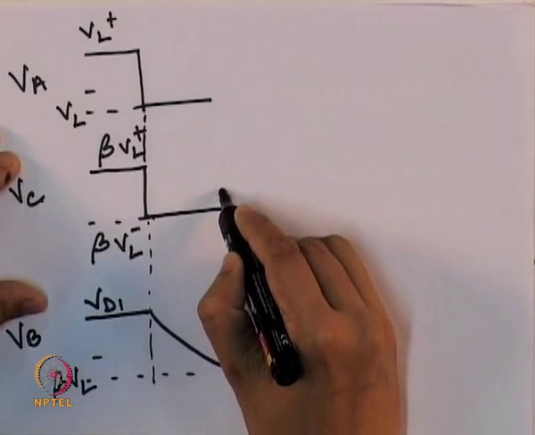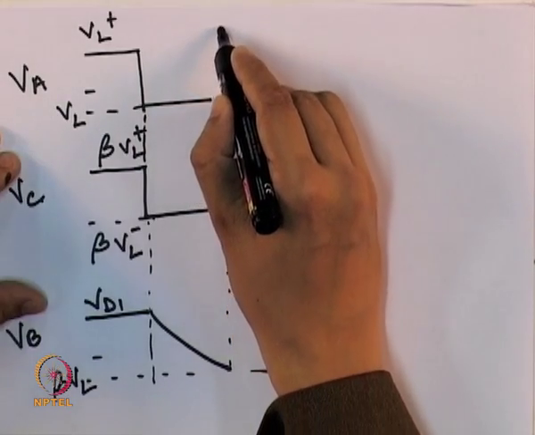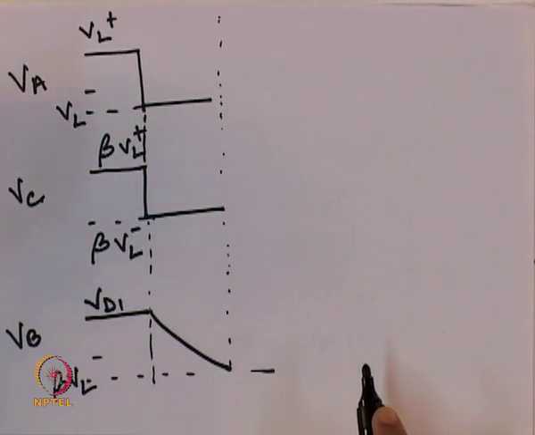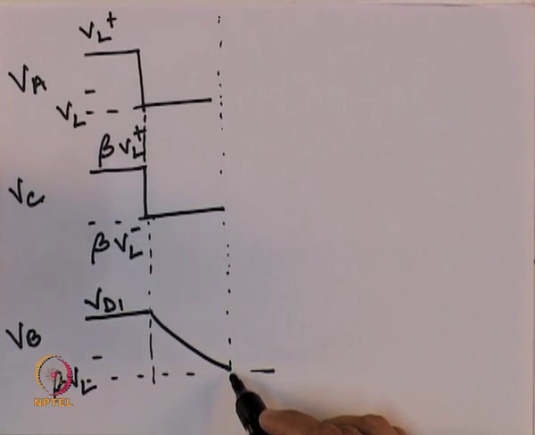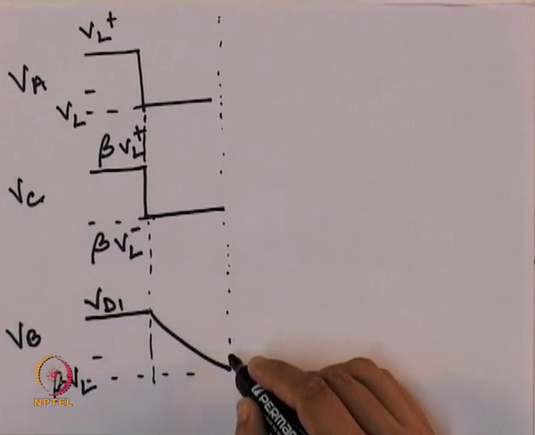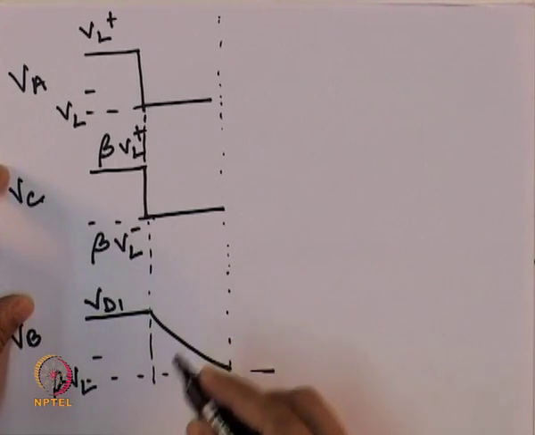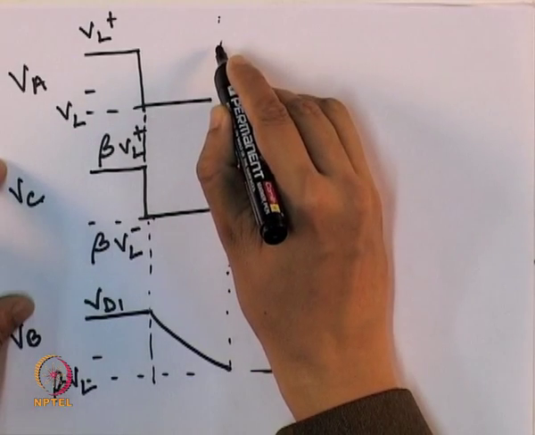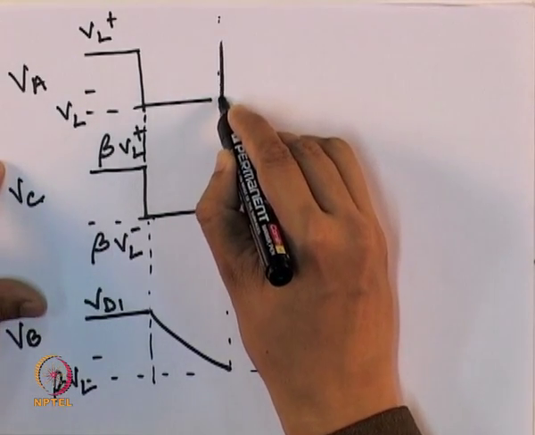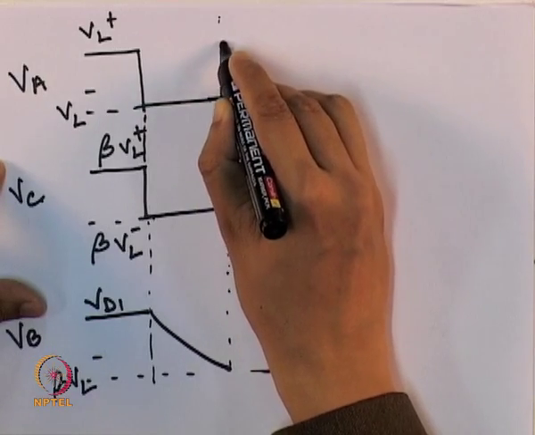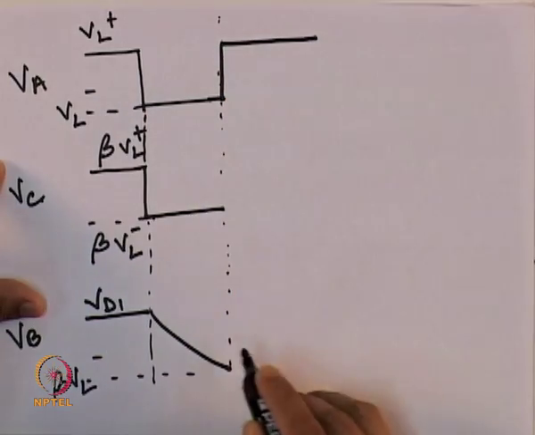Now the non-inverting terminal of the op amp again becomes higher in voltage than the inverting terminal. So we will have again a transition in VA from VL minus to VL plus, like this.